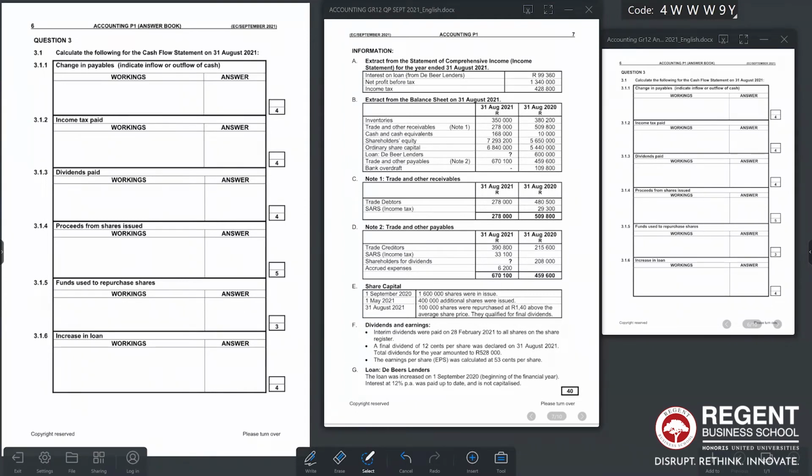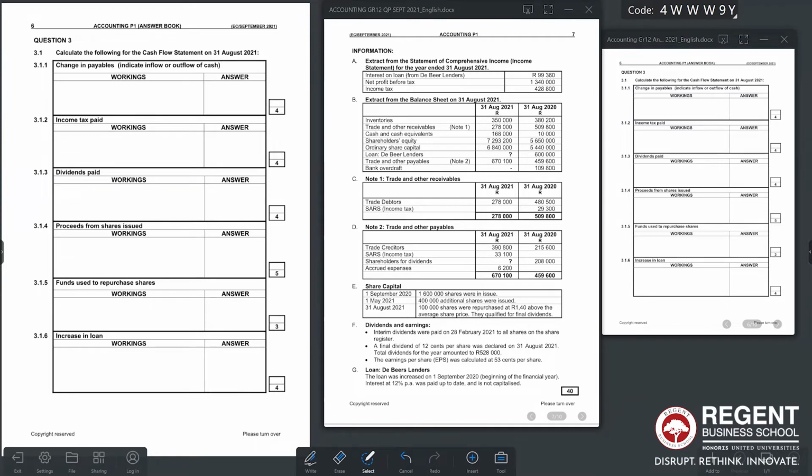Right, let's see now. The first question, they said change in payables indicate inflow or outflow of cash. Now, change in payables. Payables, your creditors and the current liabilities. I want to know the changes in payables. Now, you must remember that payables are creditors, people that we owe money to.